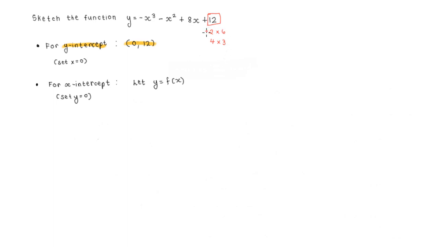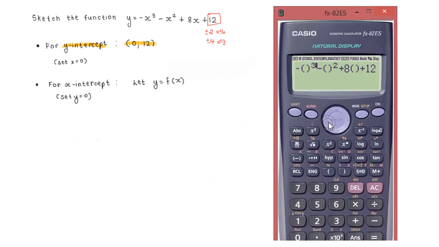What you then do is always try the plus and the minus version of all of these values. So let us try first of all this positive 2. Substitute positive 2, and we see that our output is 16. So that means that x minus 2 is not a factor. So we go back in.